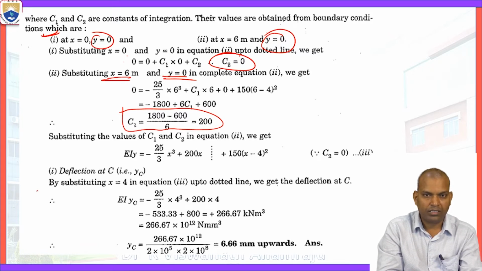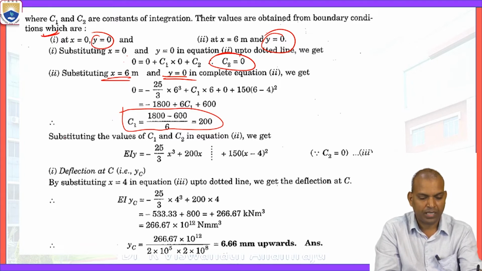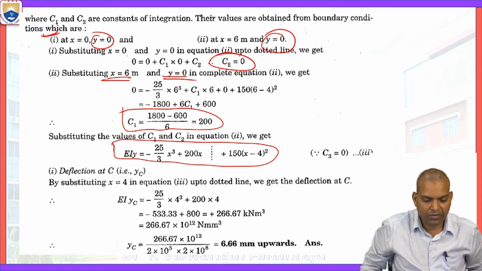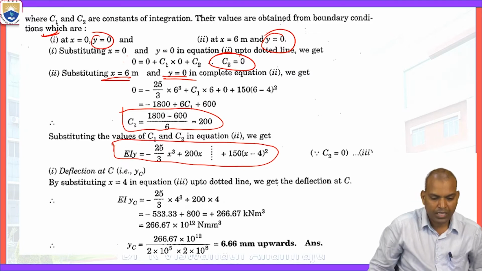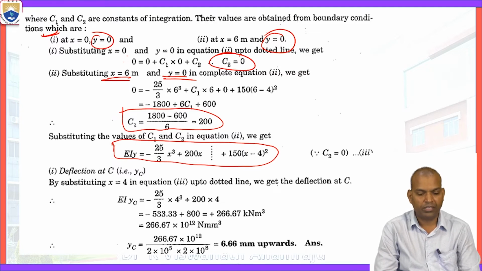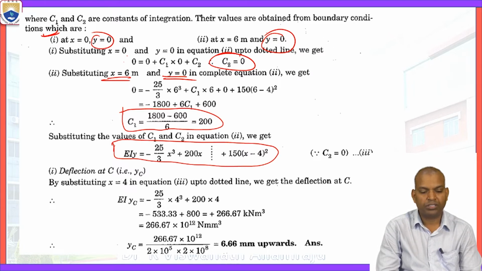Substitute this C1 and C2 in equations 1 and 2. Then we can see the complete equations of slope and deflection. Then EIy, this is the deflection equation, that is equation 3. That is EIy equal to negative 25 by 3 x cube plus 200 times x, that's the first portion, plus positive 150 times x minus 4 whole cube. Now, this is the equation.